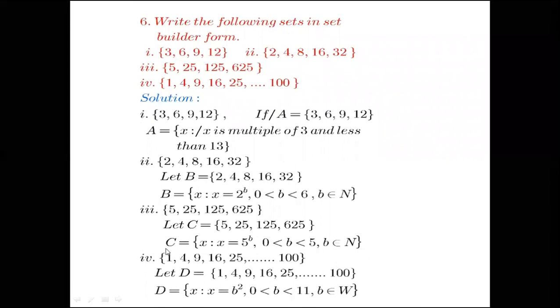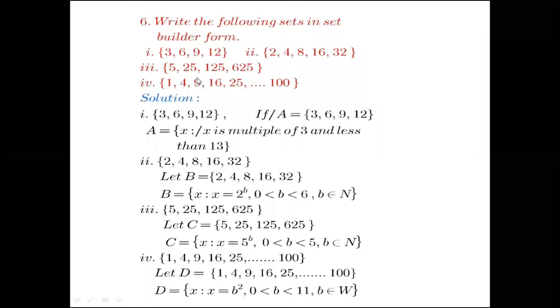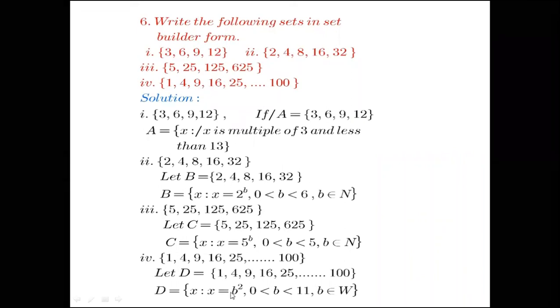Next, see the fourth one. 1, 4, yes, you can easily recognize this. 1, 4, 9, 16, 25 and so on up to 100. What type of numbers are these? Square numbers. Yes, square numbers.